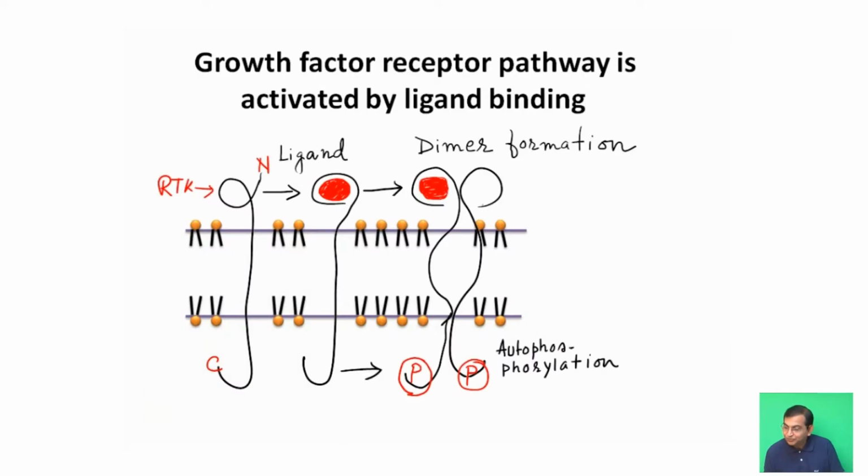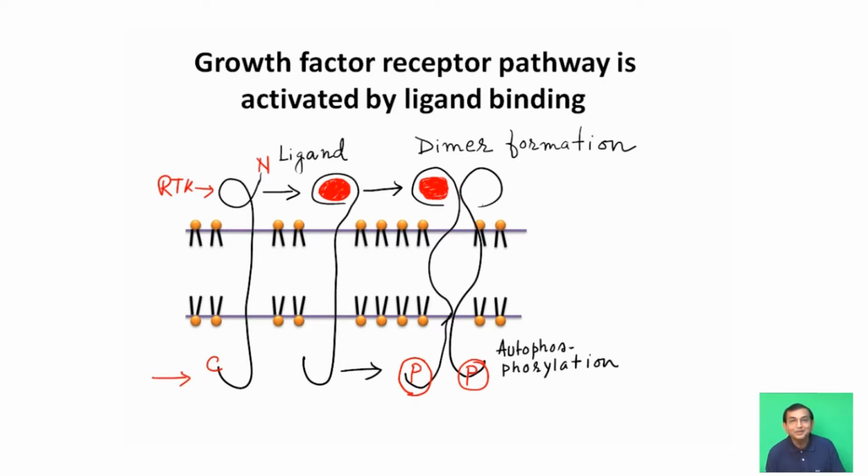In the growth factor receptor pathway, one of the most important components is the receptor tyrosine kinase, which is present in the cell membrane. The RTK has two ends: the N-terminal end, which is located outside the cell membrane, as shown in this figure, and the C-terminal end, which is located inside.